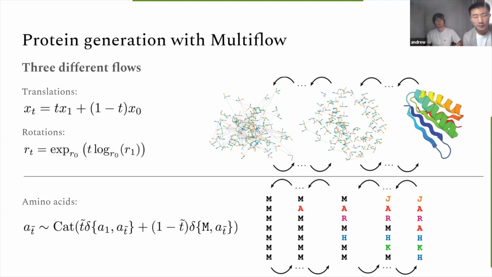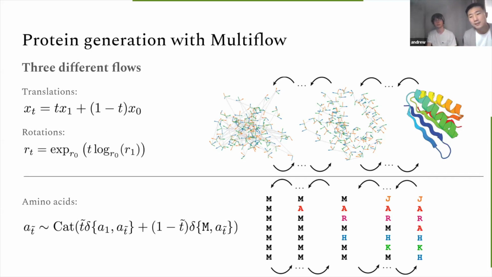So Andrew just described discrete flow models. And I mentioned that we want to do structure and sequence co-generation. The top part is showing how we do the structure generation using a previous paper called FrameFlow, where we develop SE3 flow models. And there are two flows to this. One is the translation of the frame, and then there's the rotation of the frame, that both get denoised over time.